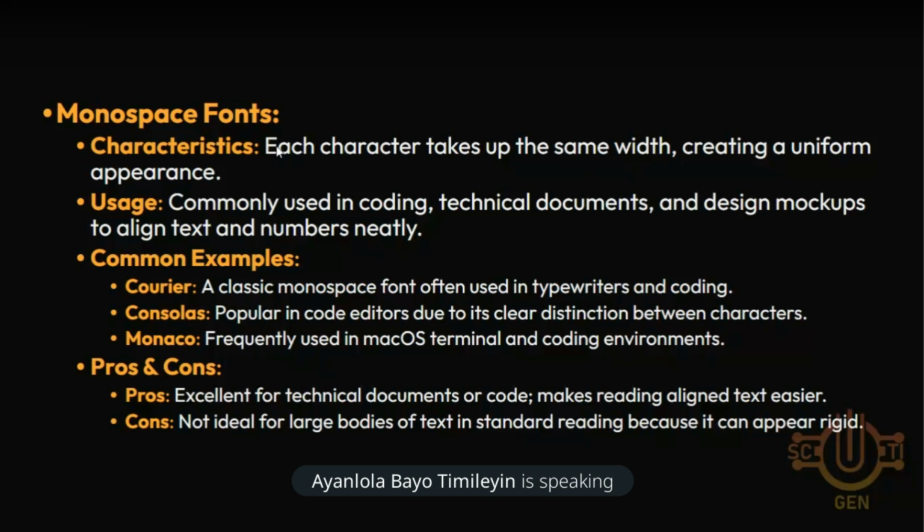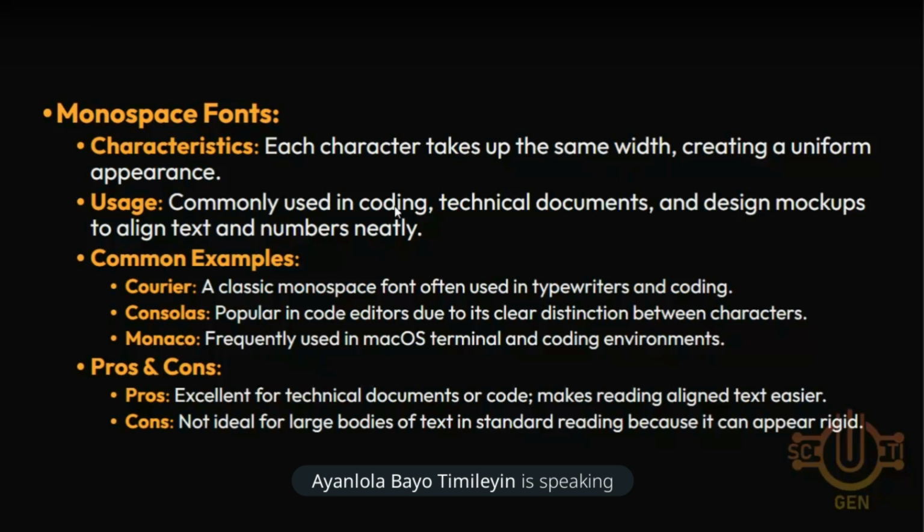That is why you can create lines of patterns in between text, because they will be well arranged if you have multiple lines of text like a paragraph. So each character takes up the same width, creating a uniform appearance.